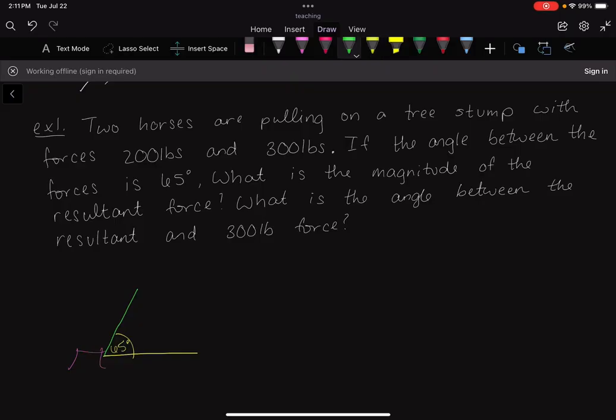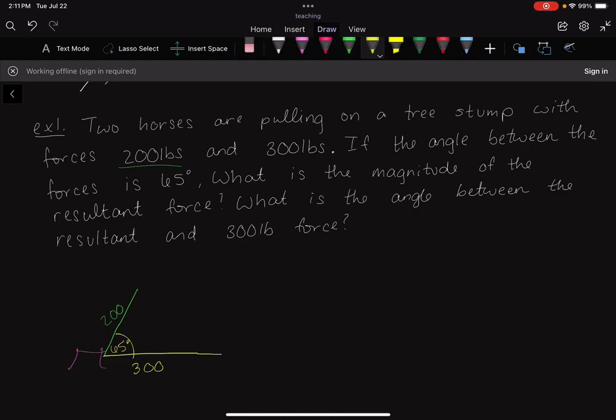Let's say the green one up here is 200, and then down here we'll make this one 300. That is going to make it a little bit longer. That's not really something you have to worry about, but just so you understand, as I draw these, I'll make certain lines certain lengths, and it's usually based on the magnitude.